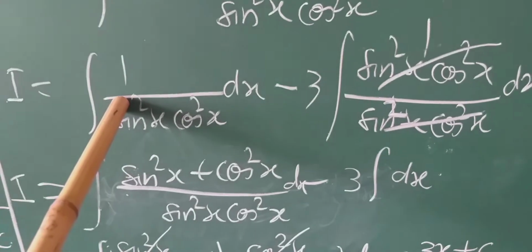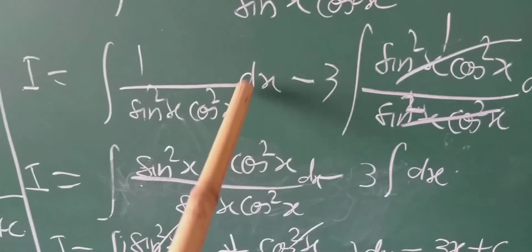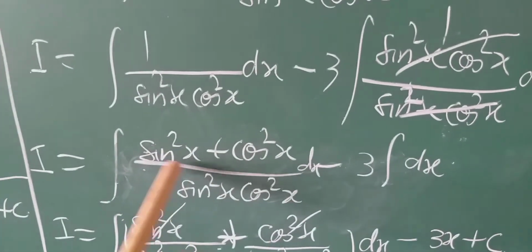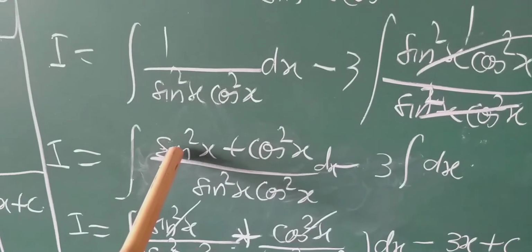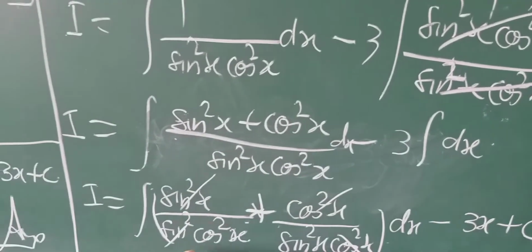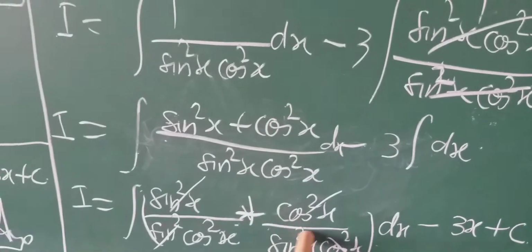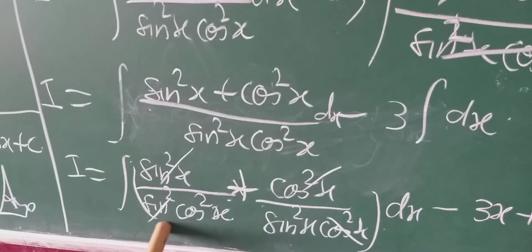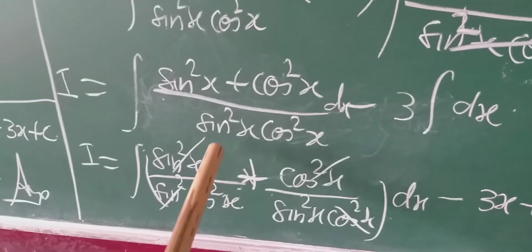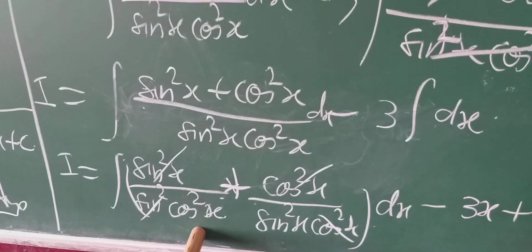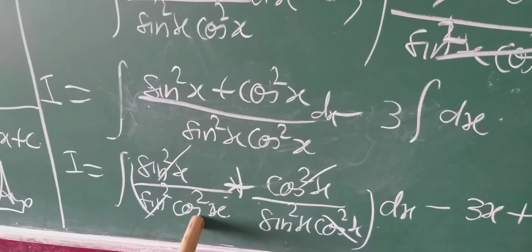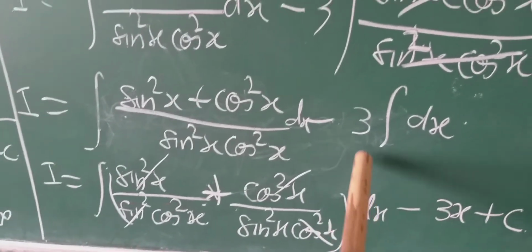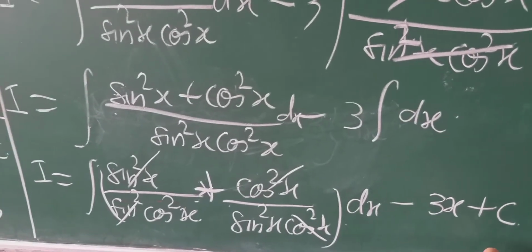At the place of 1, we can write sin square x plus cos square x to solve this part. So let us do separation. It can be written sin square x upon sin square x cos square x plus cos square x upon sin square x cos square x. So sin square x cancels, cos square x cancels. 1 upon cos square x is sec square x, 1 upon sin square x is cosec square x, and minus 3x plus c.